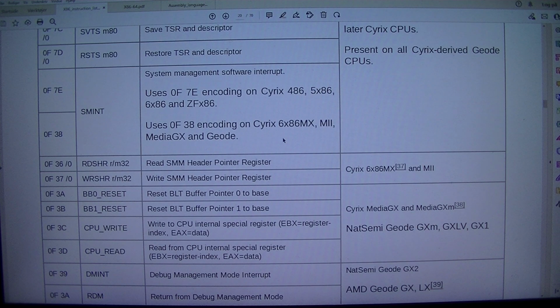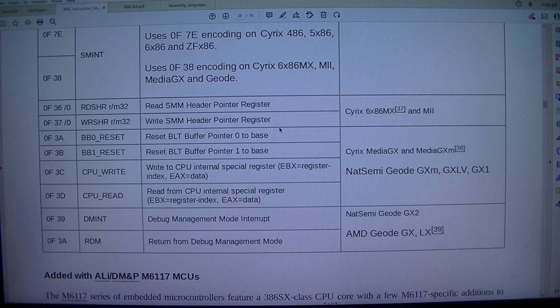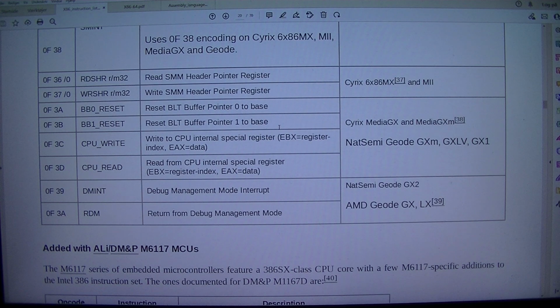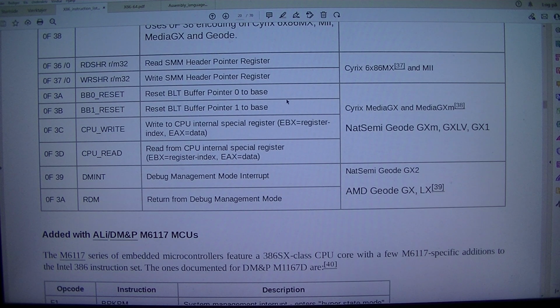Uses 0F38 encoding on Cyrix 6x86MX, MediaGX and Geode. 0F38/0F36/0 RDSHR m32: read SMM header pointer register, Cyrix 6x86MX. 37. 0F37/0 WRSHR m32: write SMM header pointer register. 0F3A/BB0_RESET: reset BLT buffer pointer 0 to base, Cyrix MediaGX and MediaXM.